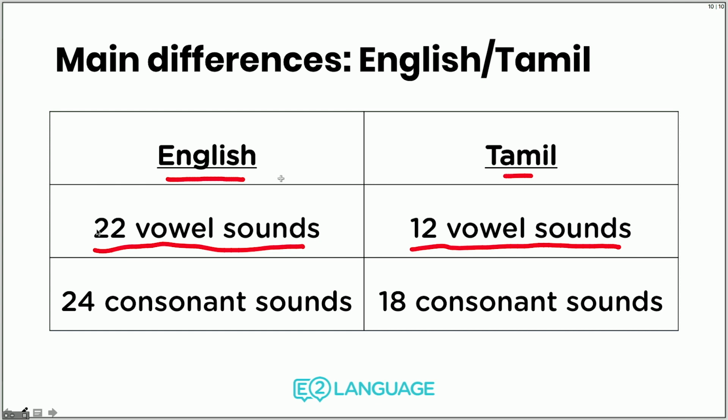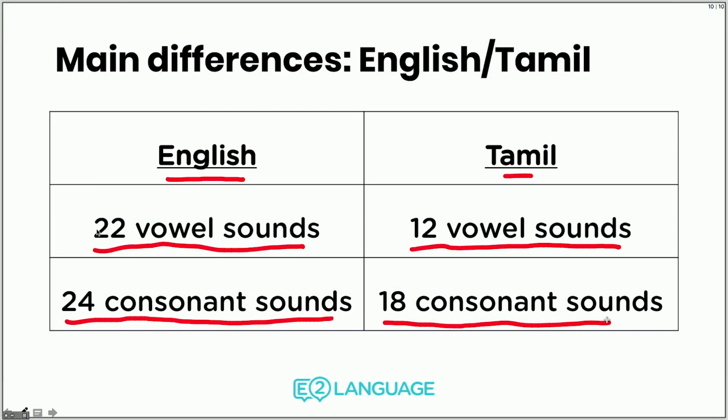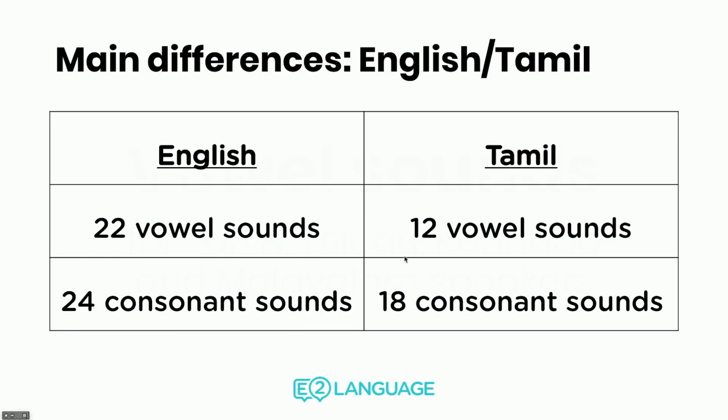I'm going to show you how to pronounce some of those longer English vowel sounds. Also, there are 24 consonant sounds in English, like k, d, f, m, etc. Tamil has almost all of them, but there are some consonant sounds that Tamil doesn't have, like f and z, for example. So we're going to focus on those as well. Cool, so let's get started.